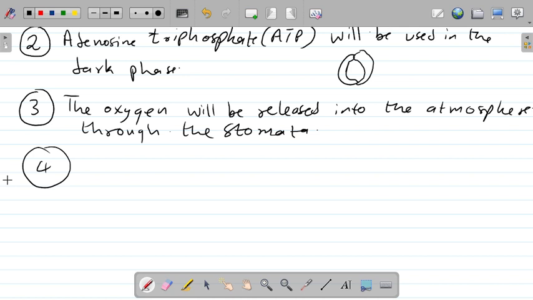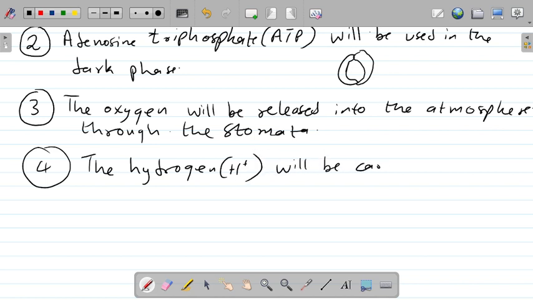Then what happens to the hydrogen? The hydrogen is also needed in the dark phase. But how does it get there? That hydrogen, H plus, will be carried to the dark phase, just like Jesus carried the cross.